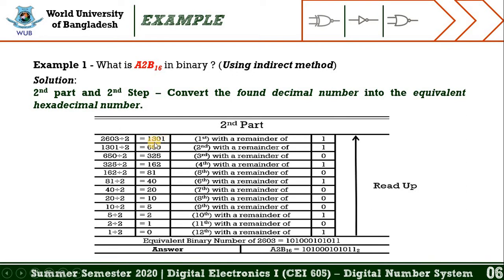First line, 2603 divided by 2, and we will get 1301 with a remainder of 1. In this way we divide until the quotient is 0, and then the equivalent binary number will be 101000101011, and that's the solution of this problem. So let's move into the next slide.